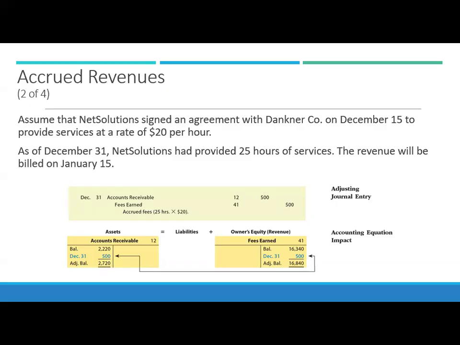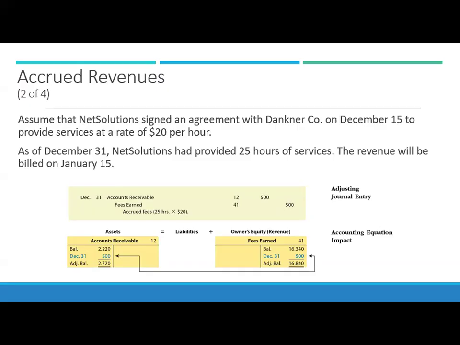So if there is cooking of the books to be done, the adjusting journal entry process is the primary and easiest way to do it, because we could just say that there were 60 hours of services provided instead of 25 hours of services, and then reduce that in the next month.